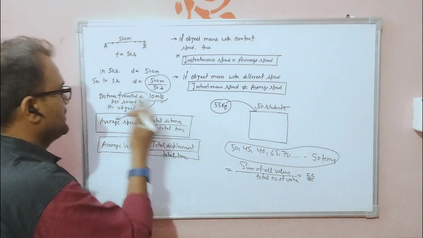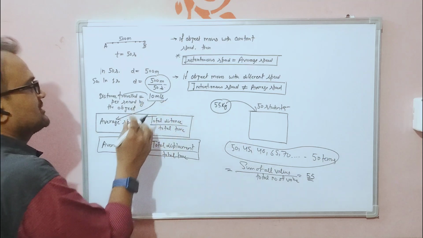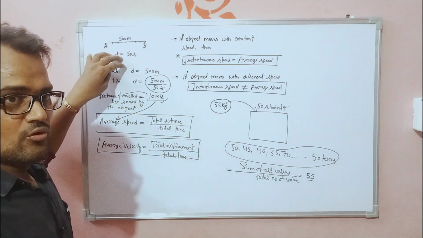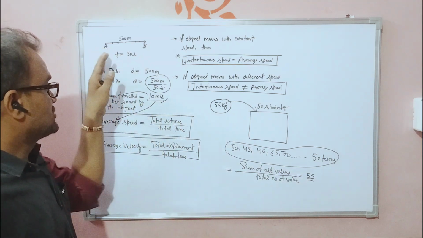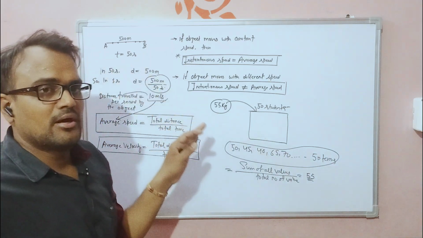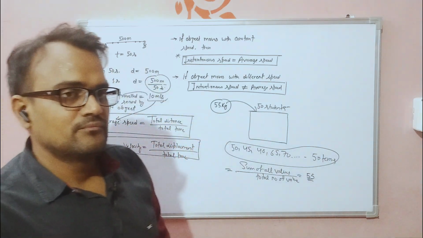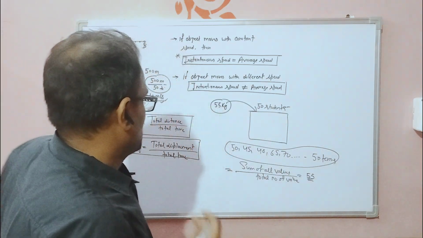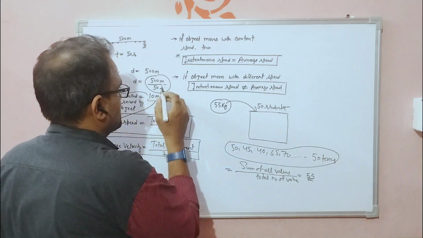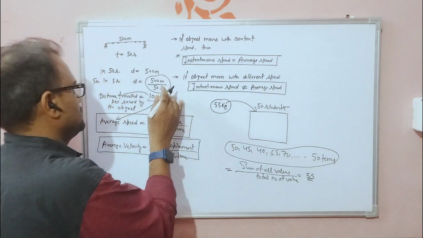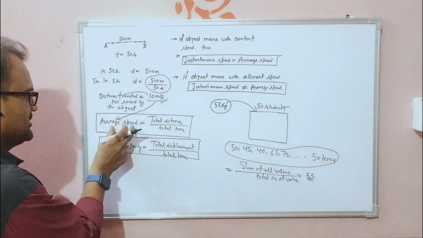In the same way, this 10 meter per second represents the entire journey. However, it is not necessary that the object is moving with that velocity. So this is the average value, we can say average speed.